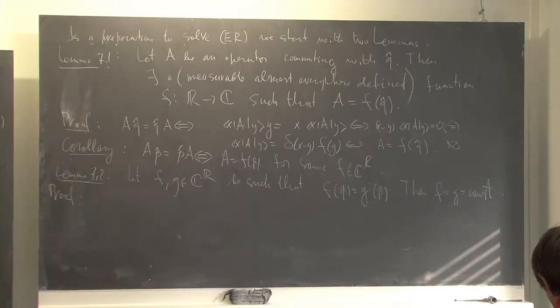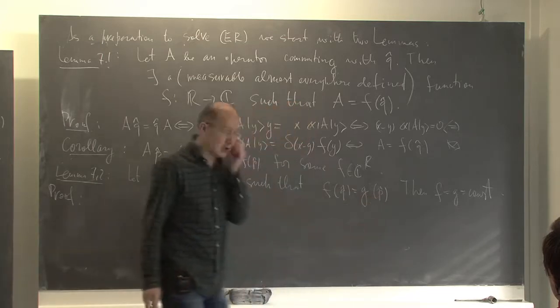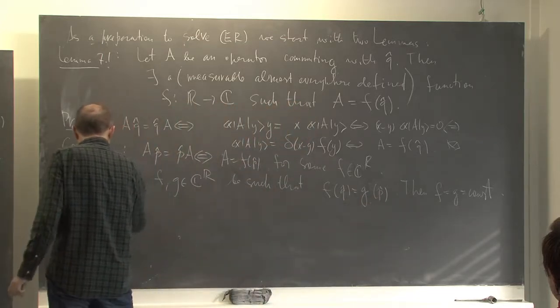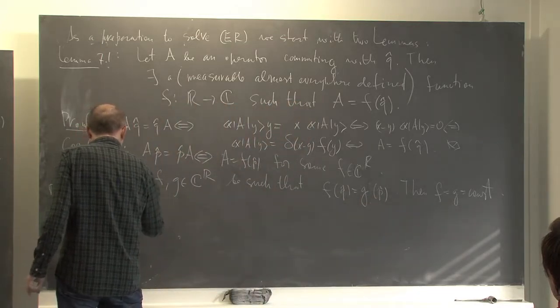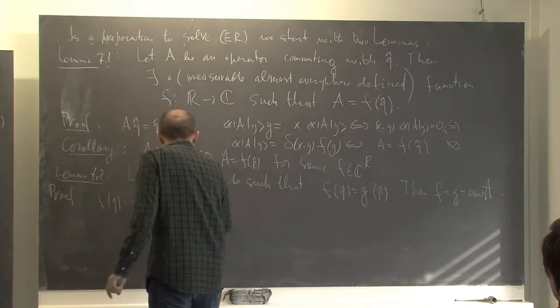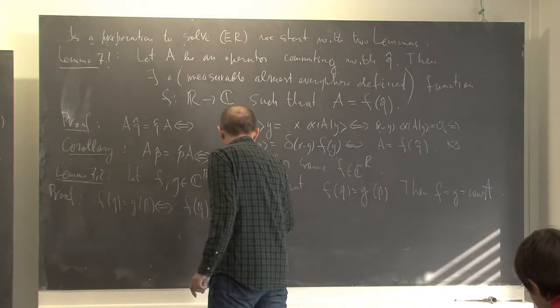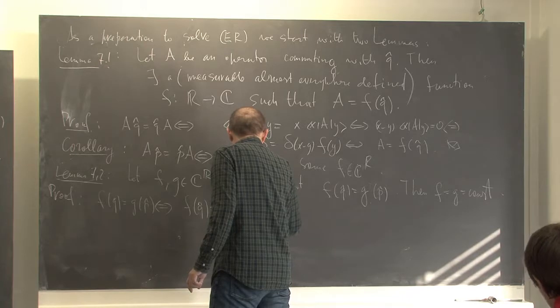Proof again uses the integral kernels, but first what we should say, what is g of P? So f of Q hat equals g of P hat, which is the same as f of Q hat equals conjugation by the Fourier operator of g of Q hat.